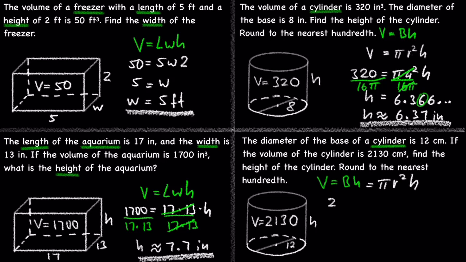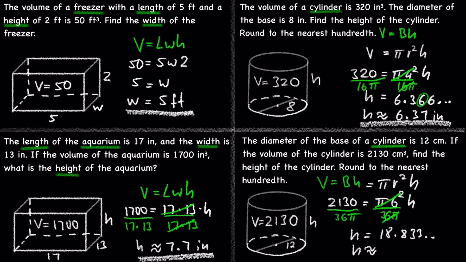The volume is 2130 and the radius is 6. And after dividing by 36 pi, we get h equals 18.833 and so on. So the height is approximately 18.83 centimeters.